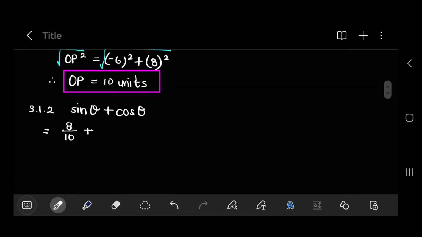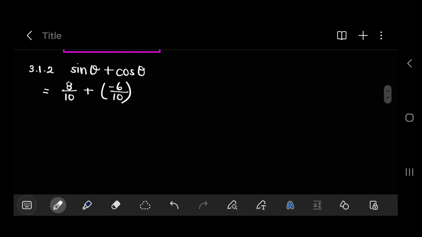That is going to be -6/10. Now here's the thing, right? The question says do this without using your calculator. But when it comes to steps like simplifying your answer, you can use your calculator to do that. So to simplify these fractions to get the final answer, putting it on the calculator, we get 1/5. So that is the answer.